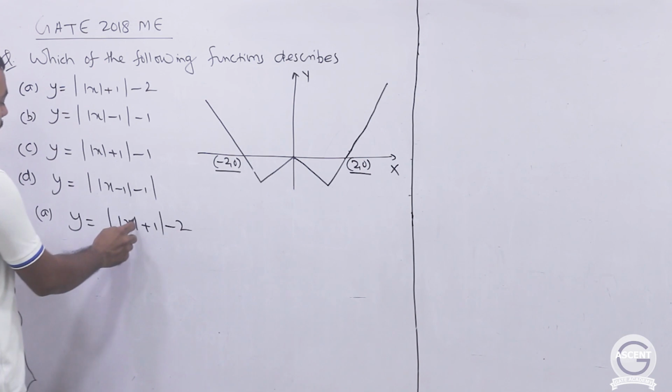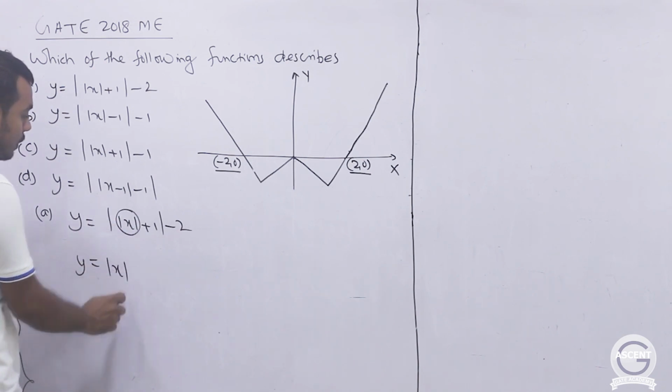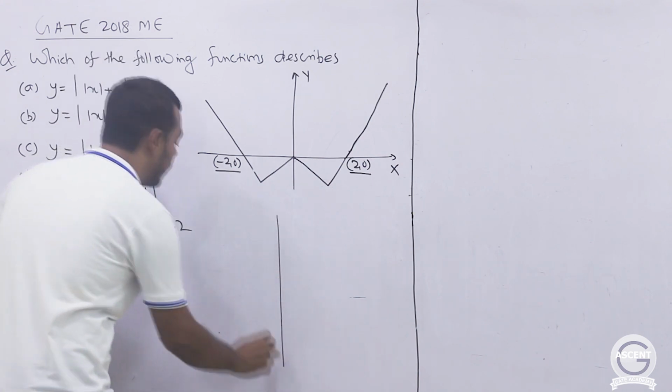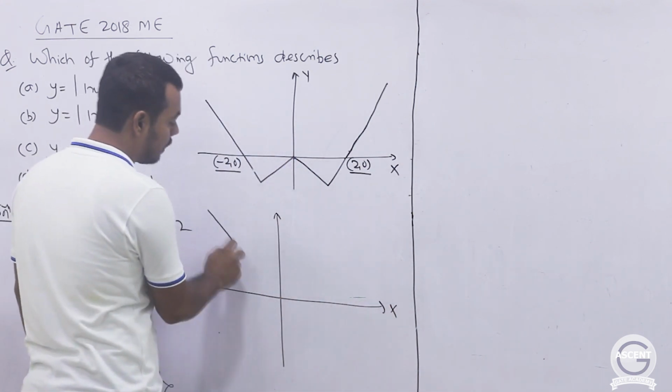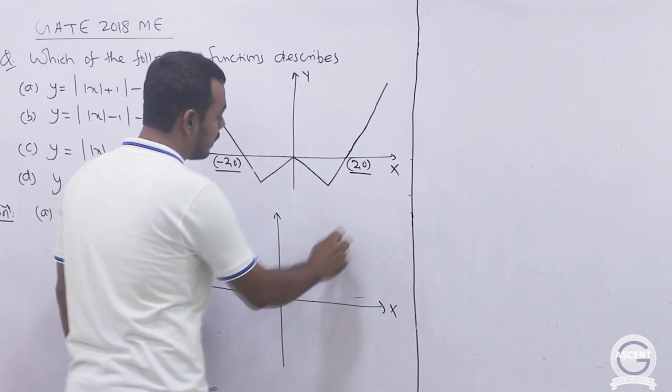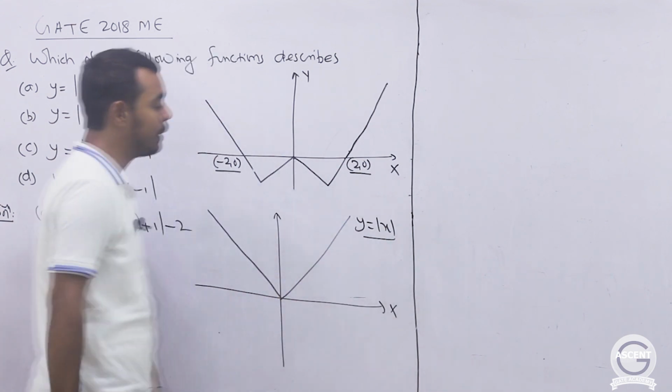The first step is to draw the graph of y equals mod x. These are our coordinate axes. If I want the graph of y equals mod x, then we have seen in our earlier discussion that this was the graph, right?